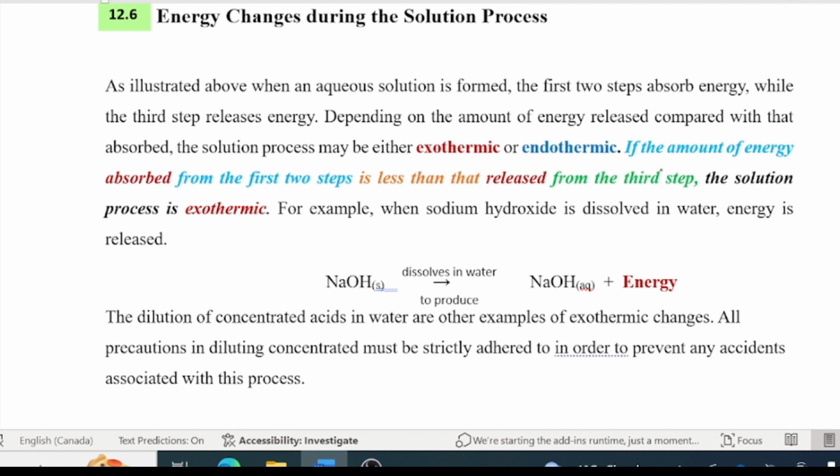Listen to this. If the amount of energy absorbed from the first 2 steps is less than that released from the 3rd step, the process is exothermic. Because the 3rd step is giving off more energy than the energy used in the combined first 2 steps.